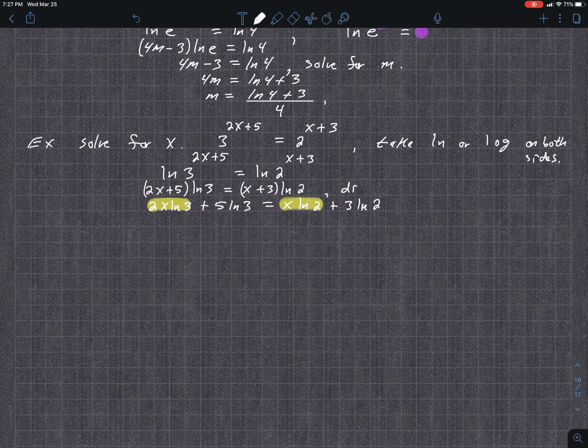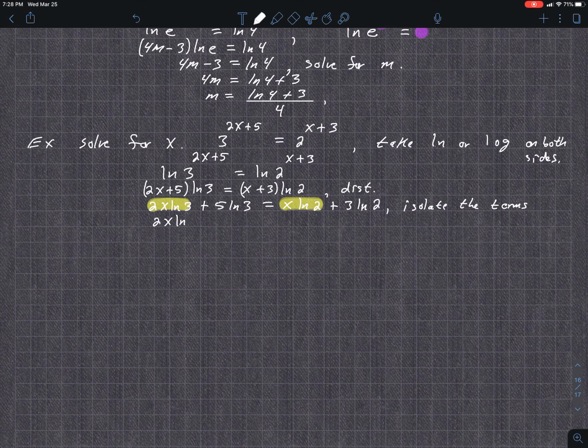Okay, so we'll go and write a little recap here. So distribute, isolate these terms, and then you'll divide out by the coefficient. Again, do not convert your natural log into decimals. Leave it as one thing in exact form.